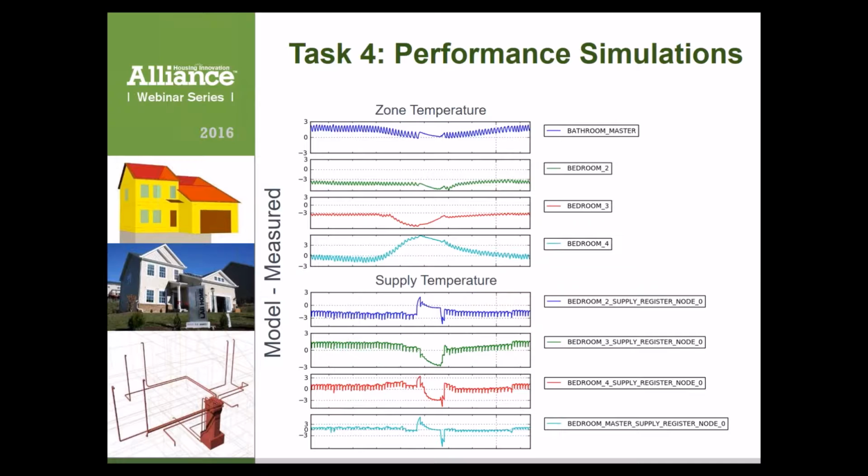We are feeding forward from the lab testing into the performance simulations the pressure and airflow relationships, and we're also bringing in the real world measured data from the lab house. So this speaks to the nonlinearity, the heavy degree of interrelationships we have between our tasks.